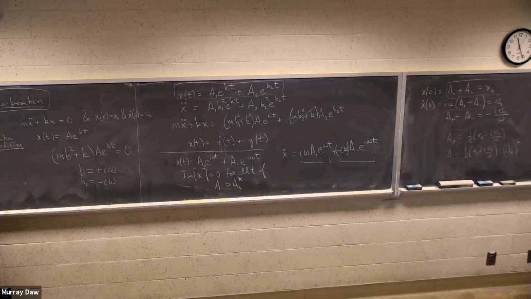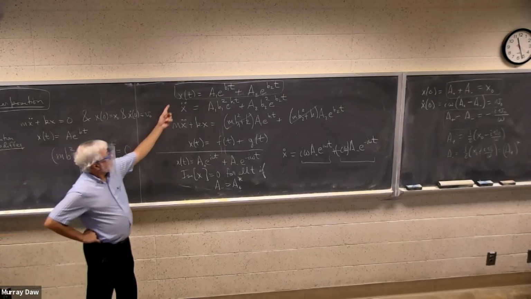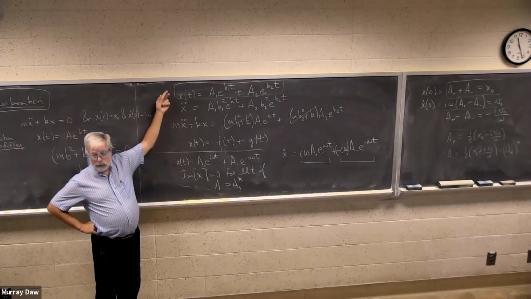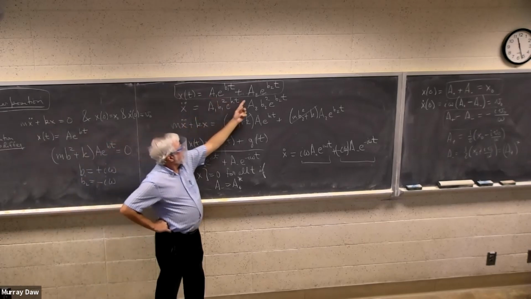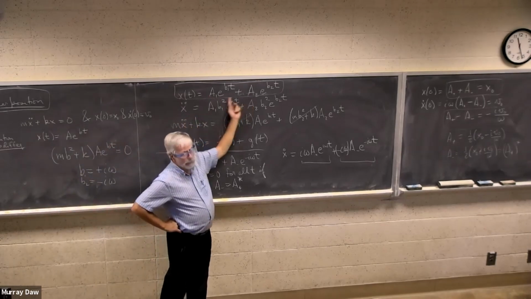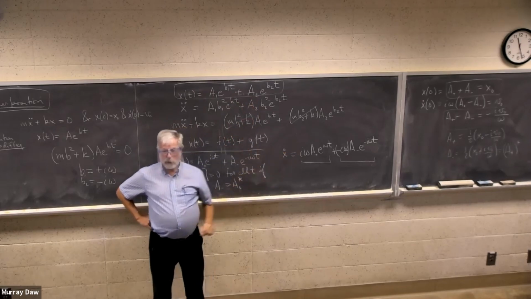And more generally, the superposition is what we're relying on here. We have two solutions, each one independently a solution to the differential equation. Doesn't match the initial condition, but each one solves the differential equation. So we can construct another solution, which is a sum of the two. And then we match these coefficients to the initial conditions.